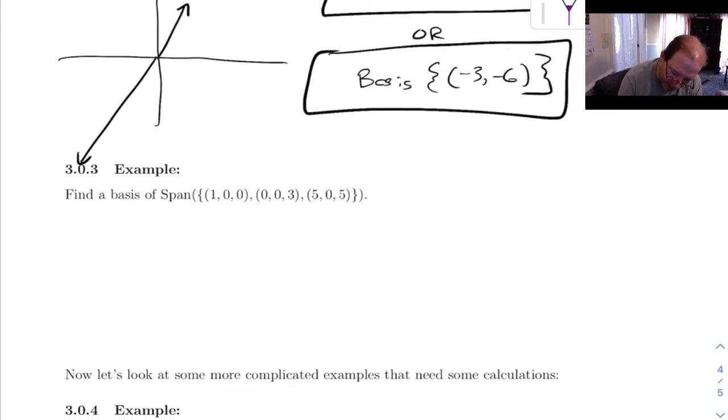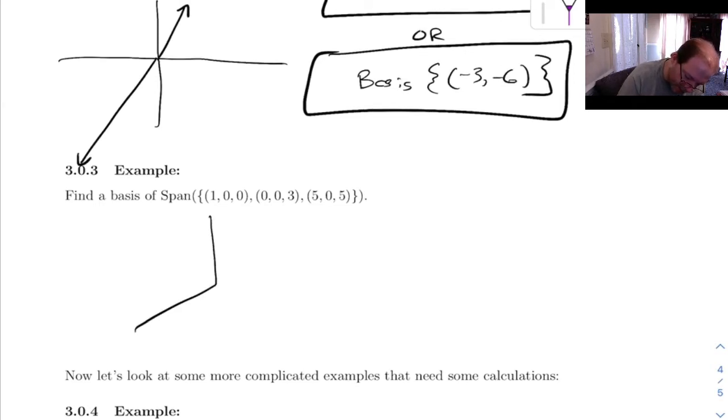All right, now let's look at this one. This is a subspace of R3, spanned by (1, 0, 0), (0, 0, 3), and (5, 0, 5). Now I'm going to draw in my three-dimensional axes here, X, Y, and Z. So if you look at this (1, 0, 0), that has a 1 in the X direction, so that's this vector. (0, 0, 3) points up 3 in the Z direction.